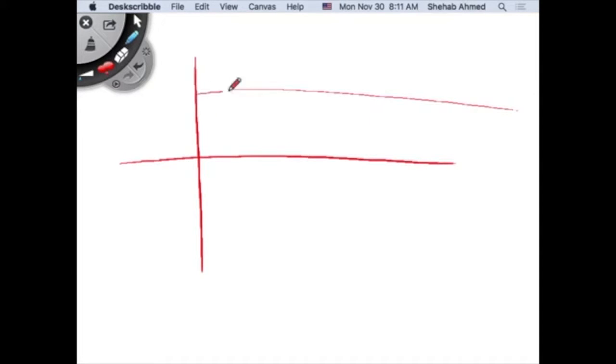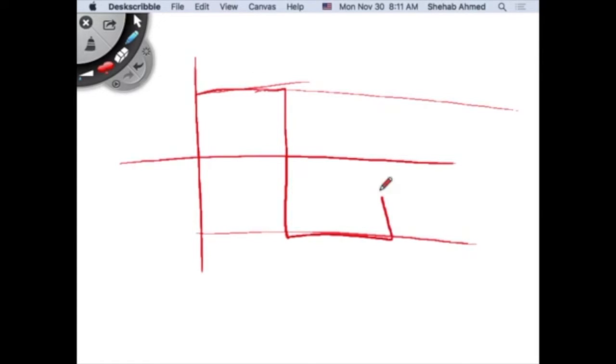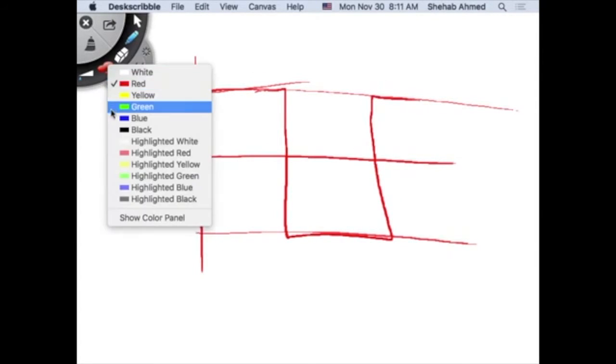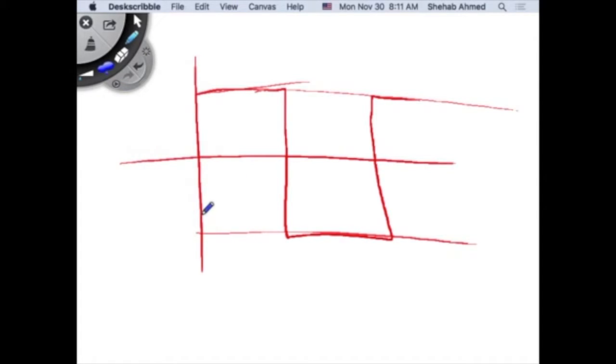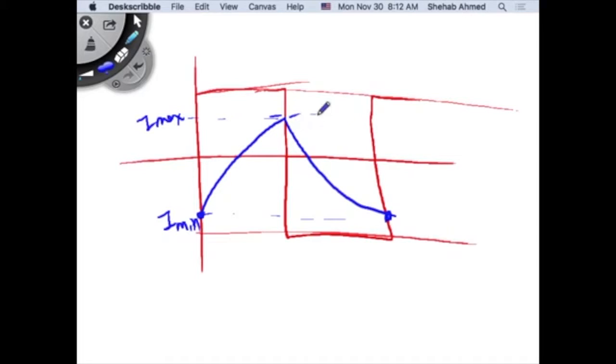This is my voltage waveform again, and this is my current. Again, it's a periodic current, so these are equal. And this would be some I minimum, and this is some I maximum, and the current will always go to the same value of I maximum.